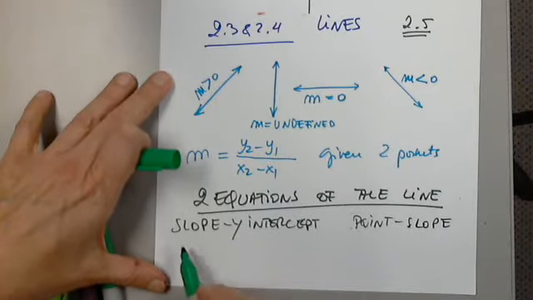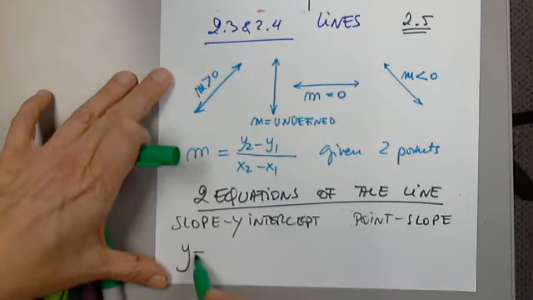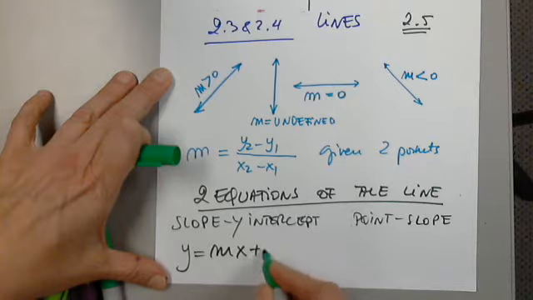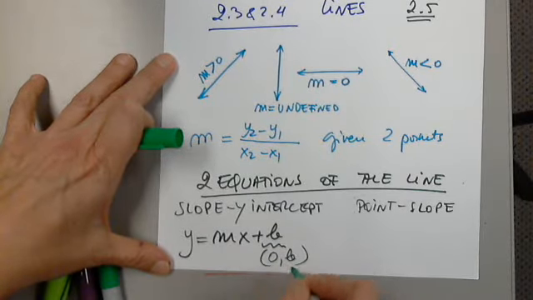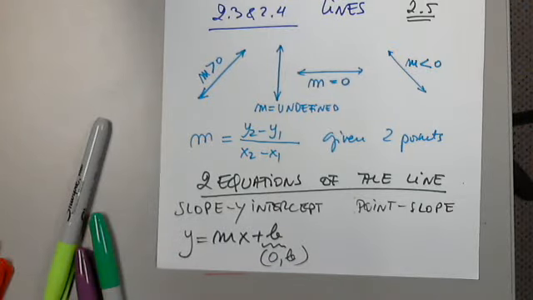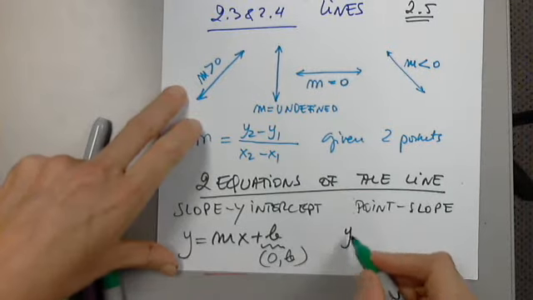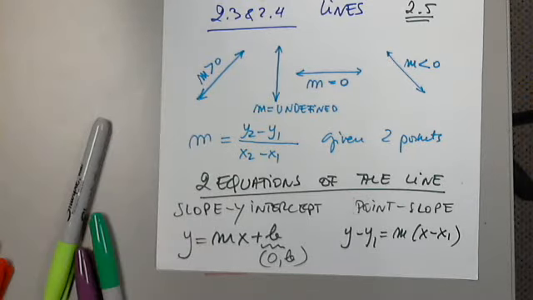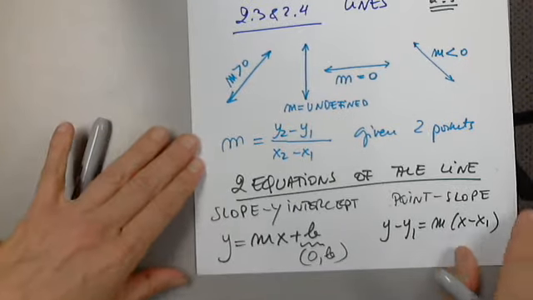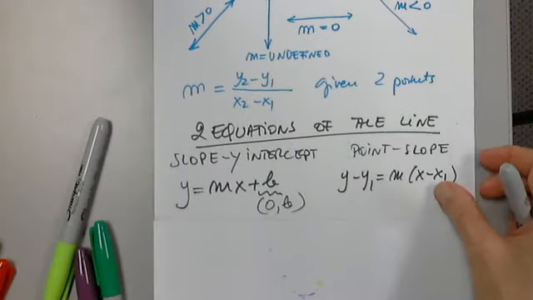The slope-intercept form is, you already told me, y equals mx plus b, where b is an ordered pair. 0, comma b, the y-intercept. The point-slope form is y minus y1 equals the slope times x minus x1. This was done a long time ago, but I wanted to go back and refresh our memory before we look at problems.